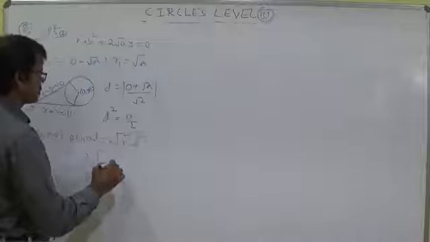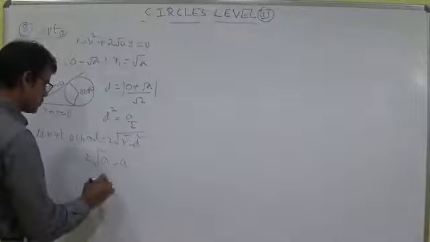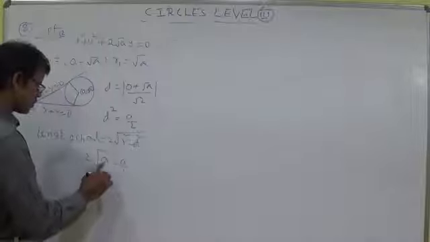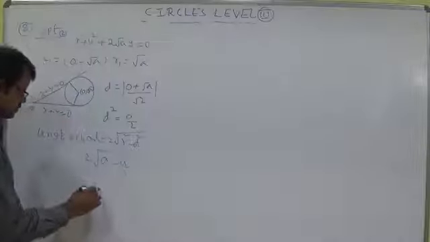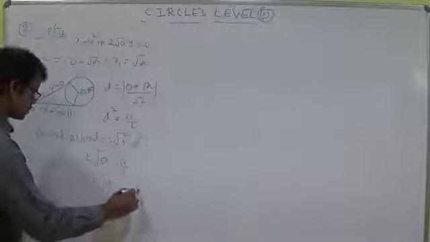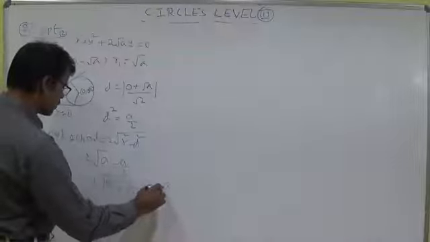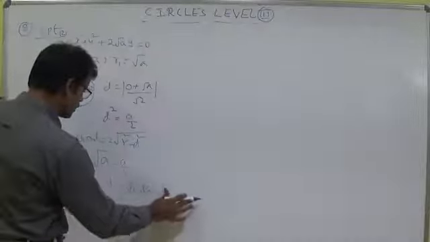R square means a here and d square means a by 2. So 2 into root of a minus a by 2, this is a by 2. Anyhow we got the same answer. So it is root 2 into root a. So root of 2a we got as the length of chord.